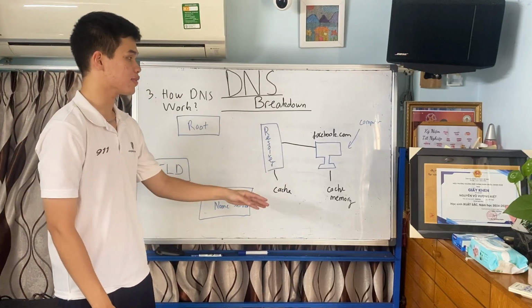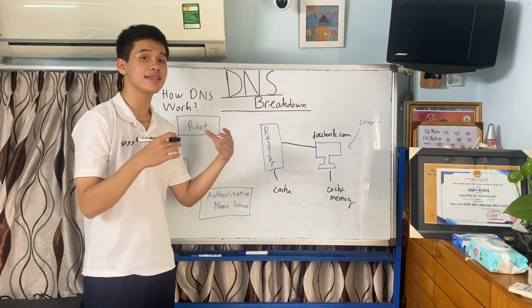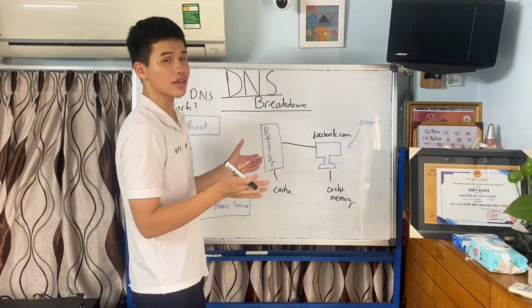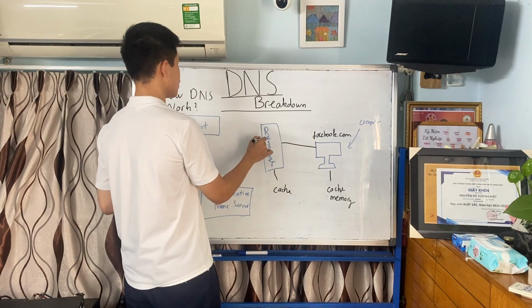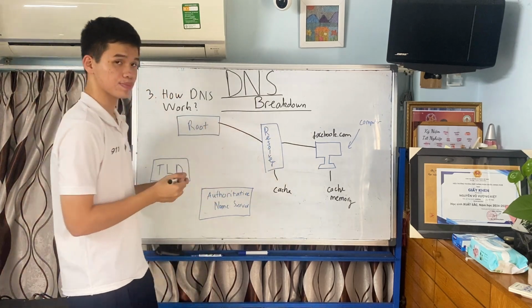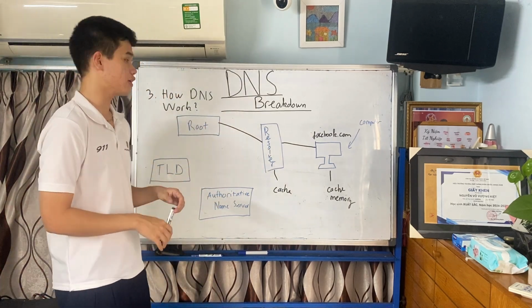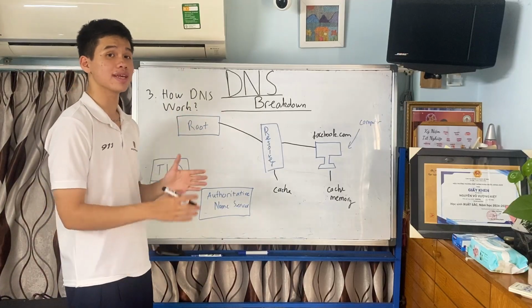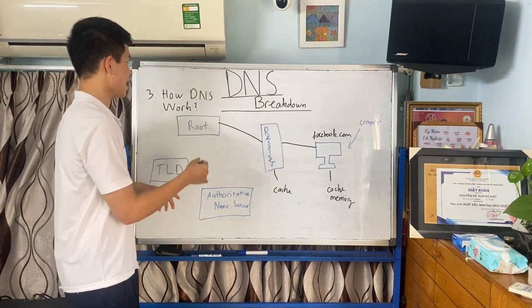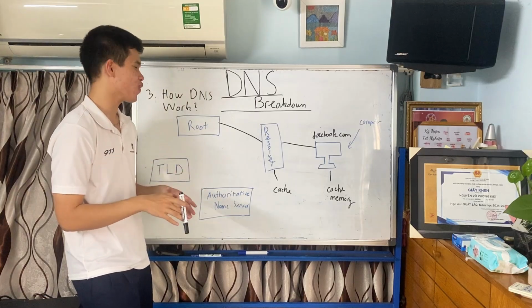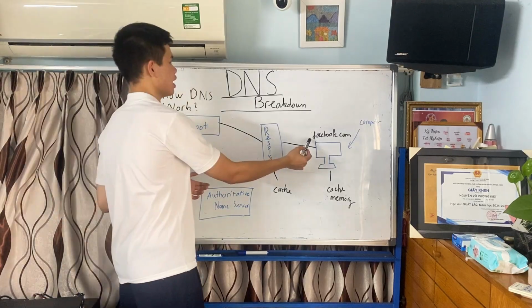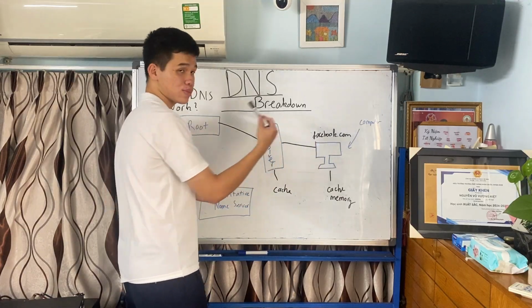And if it answers back like I can see no facebook.com in my cache memory, it will first send to the root. So as we remember, the root is the top of the tree in the DNS hierarchy, and this root, of course, will not know what is the specific IP address that is matched with facebook.com.